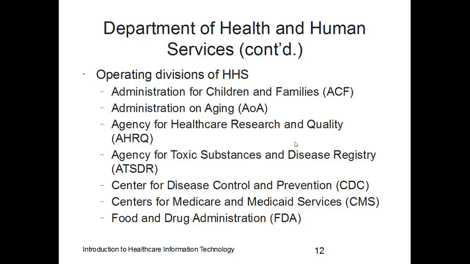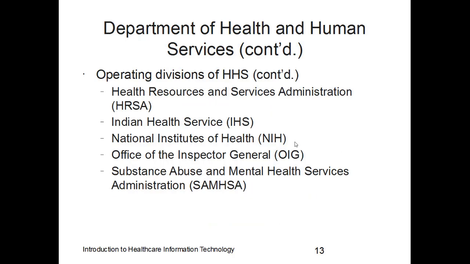Within HHS, you'll find the following: Administration for Children and Families, or ACF, the Administration on Aging, or AOA, Agency for Healthcare Research and Quality, or AHRQ, Agency for Toxic Substances and Disease Registry, or ATSDR, Centers for Disease Control and Prevention, CDC, Centers for Medicare and Medicaid Services, CMS, Food and Drug Administration, FDA, Health Resources and Services Administration, or HRSA, Indian Health Service, or IHS, National Institutes of Health, NIH, Office of the Inspector General, OIG, and Substance Abuse and Mental Health Services Administration, or SAMHSA.